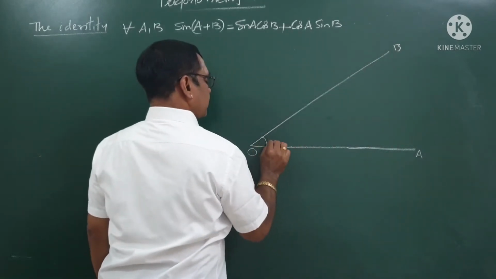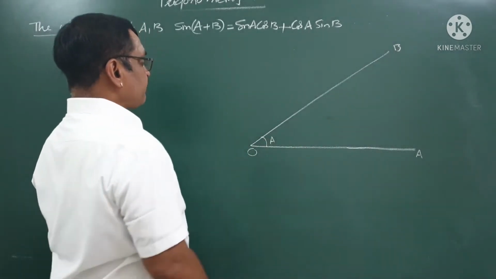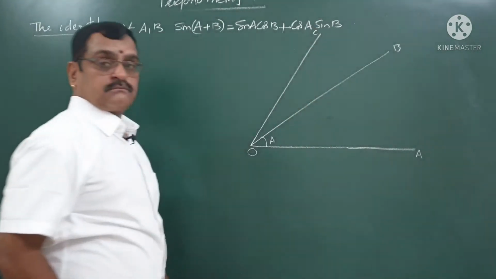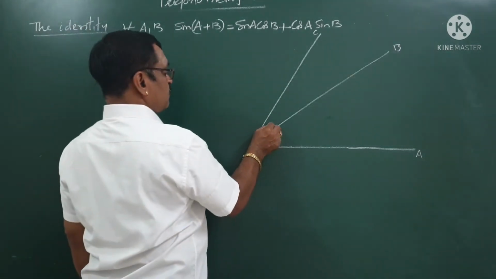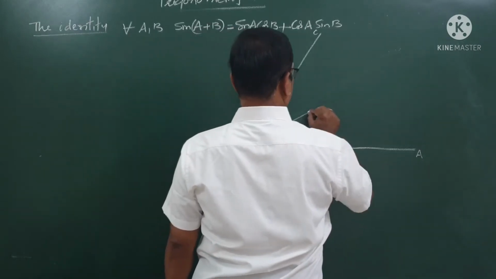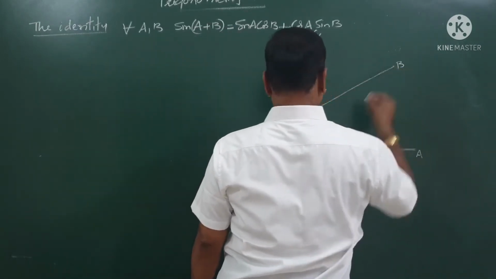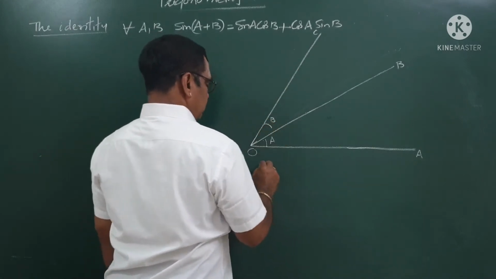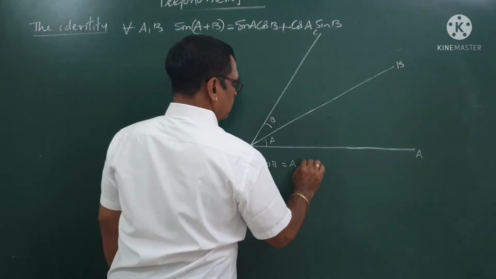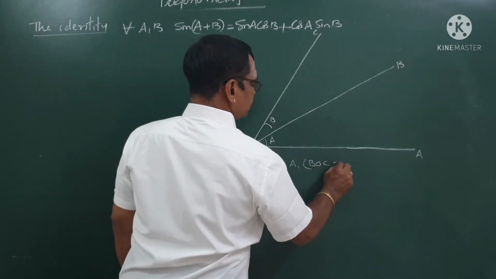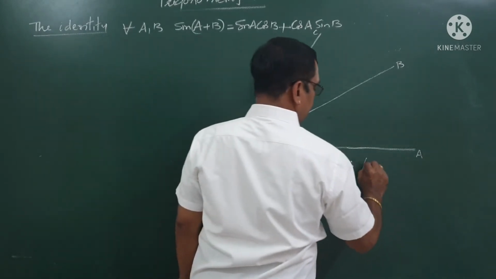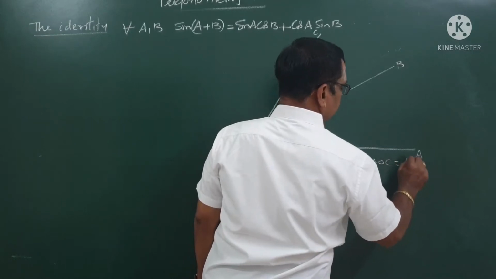Let this angle be A. And OB further rotates to say OC, and this angle is equal to B. Therefore, we have angle AOB is equal to A, angle BOC is equal to B, and angle AOC is equal to A plus B.